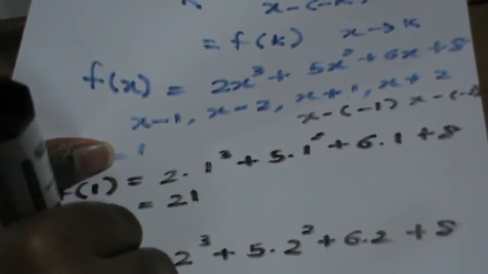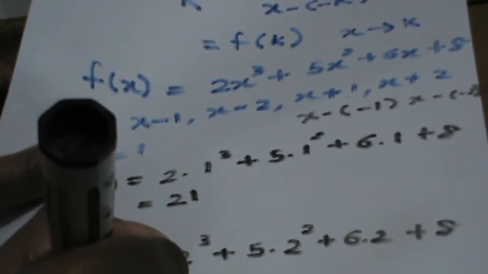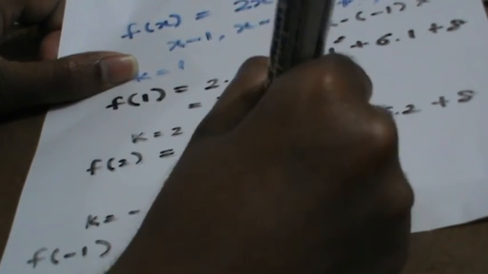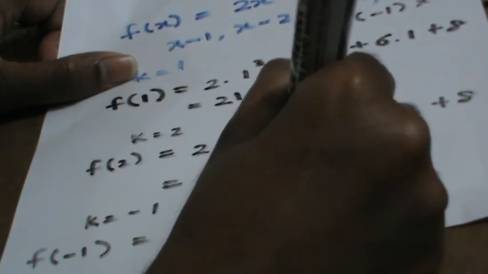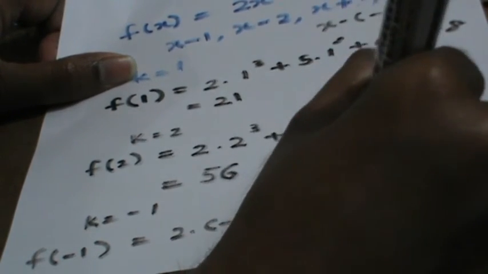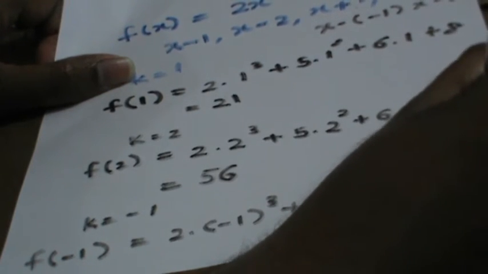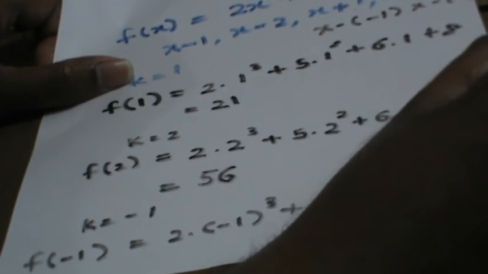So the remainder, when I divide f(x) by x plus 1 or x minus minus 1, will be f(minus 1). So I substitute minus 1. So that will be 2 times minus 1 cubed plus 5 times minus 1 squared plus 6 times minus 1 plus 8.